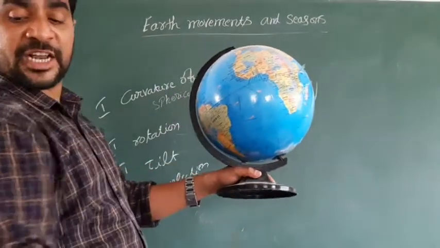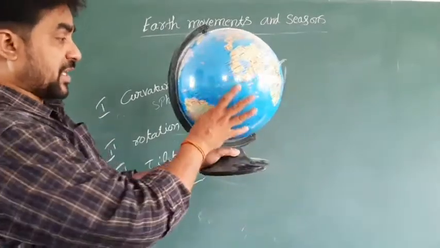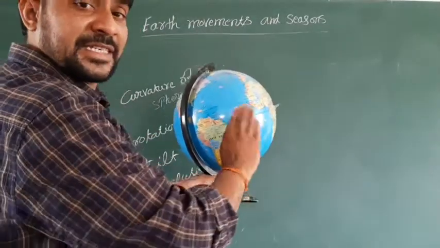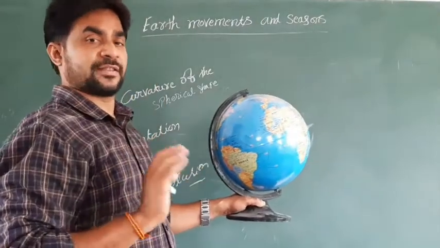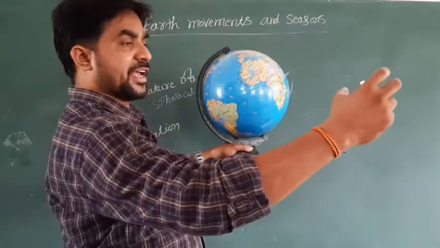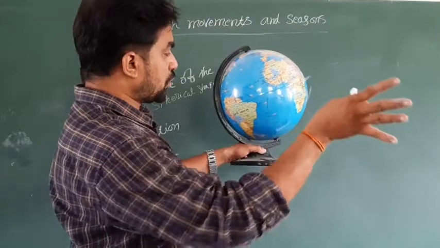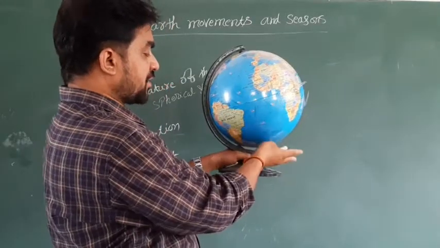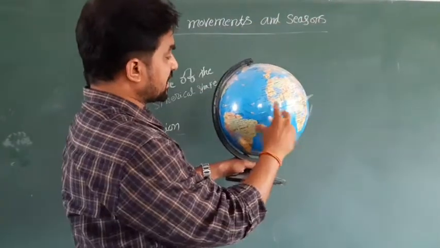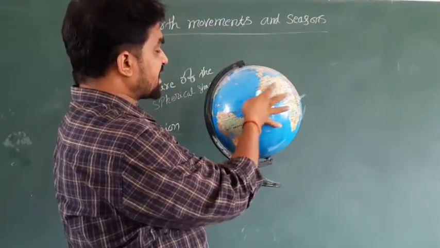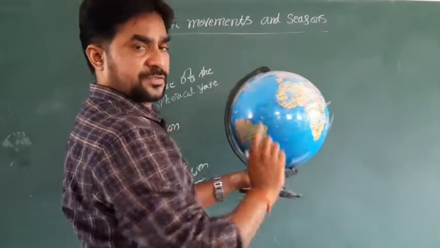Because of the shape of the earth, the heat cannot travel equally throughout the earth. Imagine if you throw water, maximum water falls here, it never falls here or here. Similarly, if you turn on a light, it falls maximum here only, and that light cannot travel a long distance.